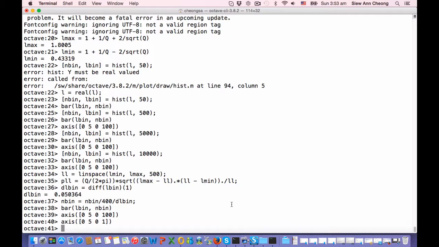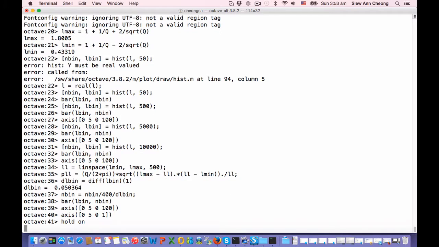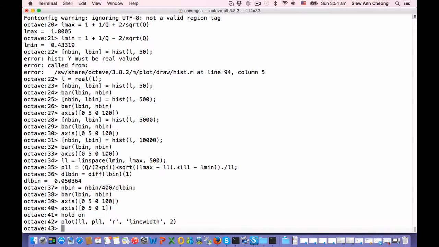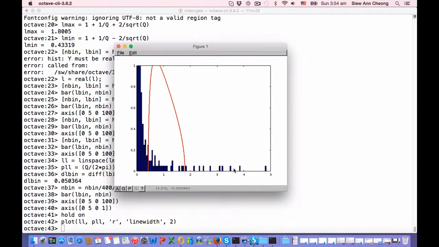Okay, so let us now plot the theoretical distribution. Hold the plot and plot LL, PLL, red, and then with a line width of 2, and see what it looks like.